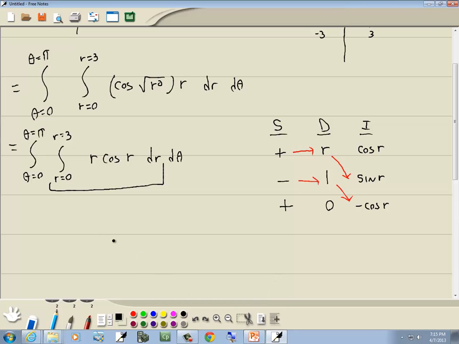So let's see what we got. We got theta from 0 to pi, and this becomes a positive r times sine r, so that's r sine r. And then we got a negative 1 times a negative cosine, which gives us a positive cosine r, from r equals 0 to r equals 3, d theta.